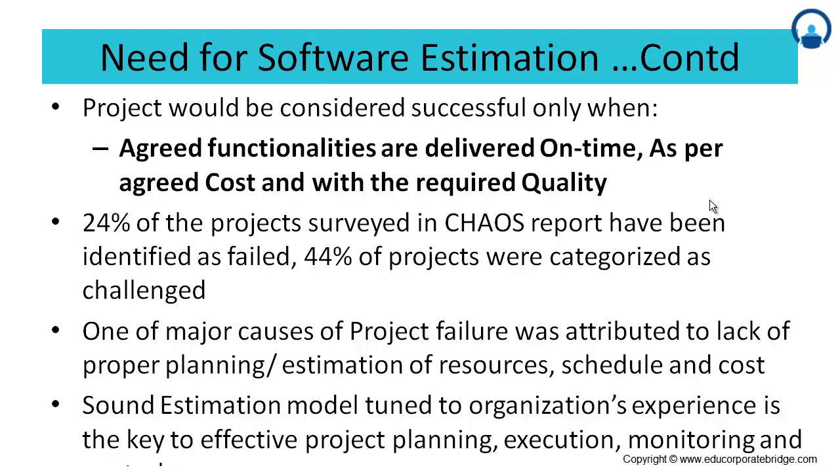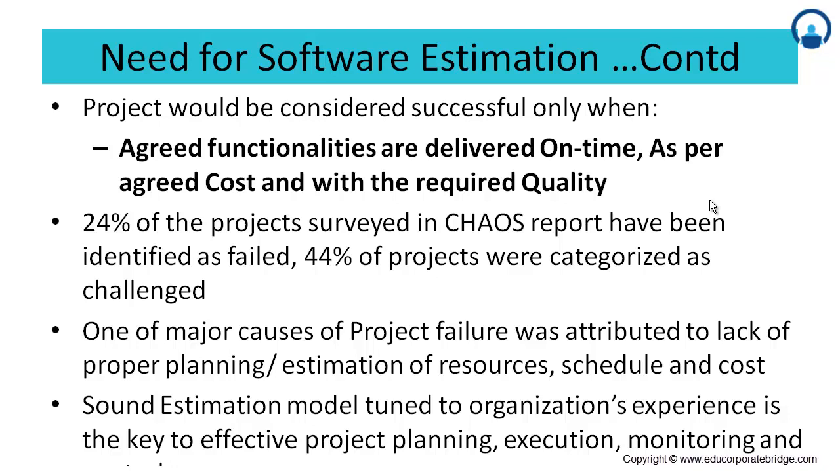Now as per a survey listed in the Chaos report, 24% of the projects surveyed have been identified as failed, which means they didn't meet the requirements or the objectives of the project. Now 44% of the projects were categorized as challenged.